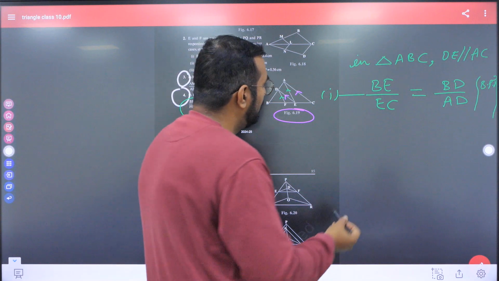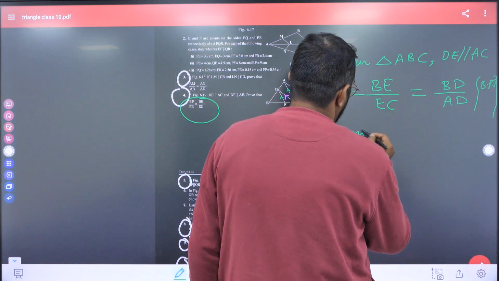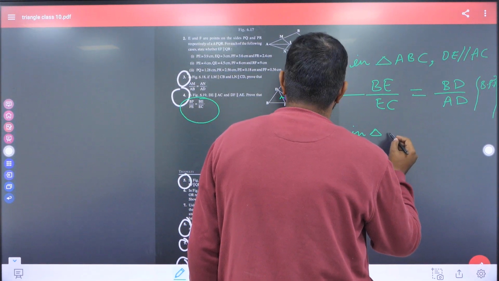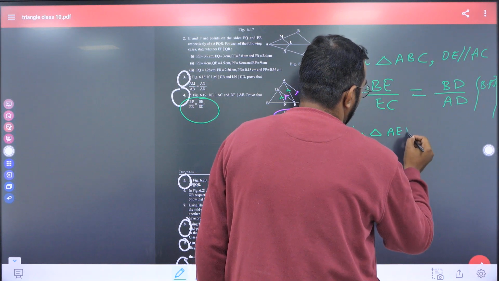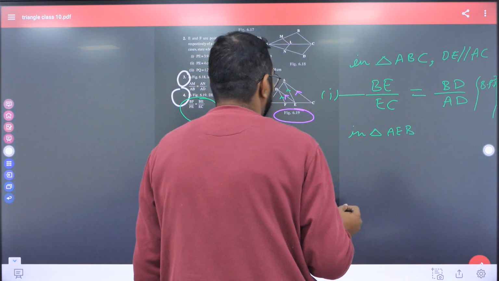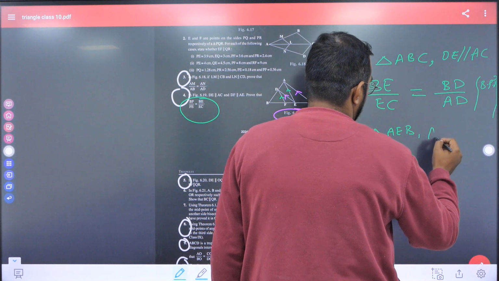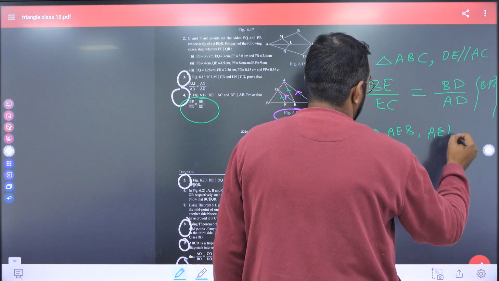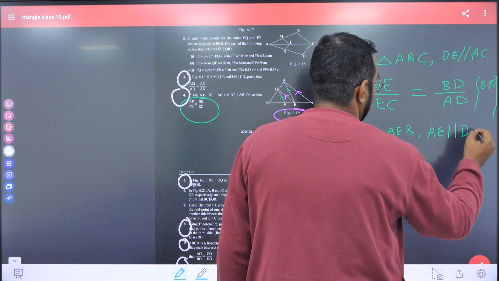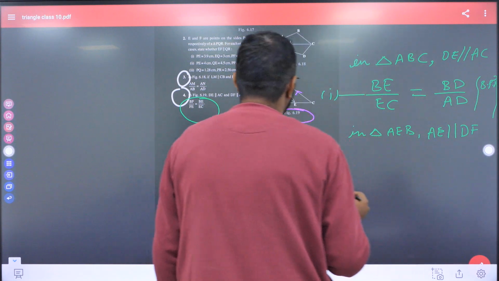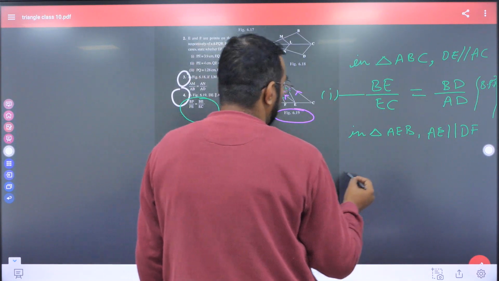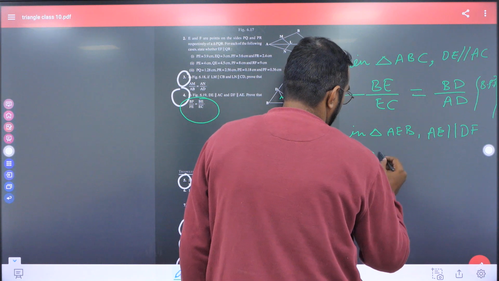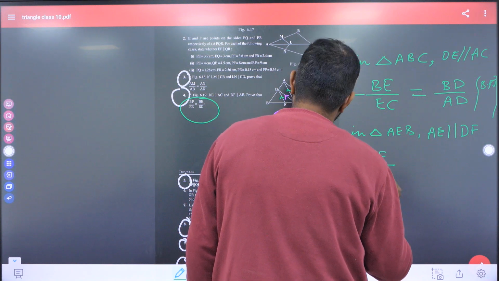So we will write, in triangle AEB, it is given that AE is parallel to DF. So we can write BF upon FE, right?